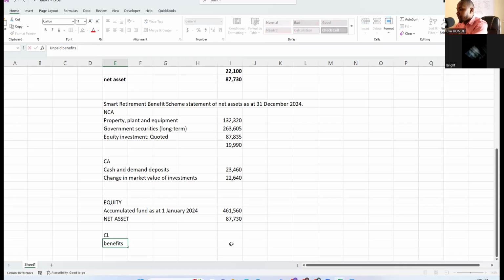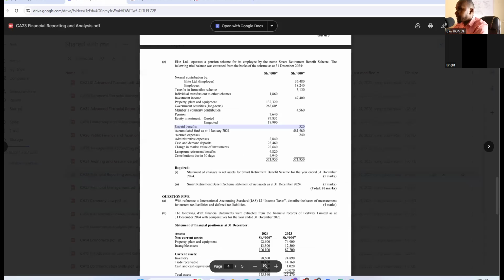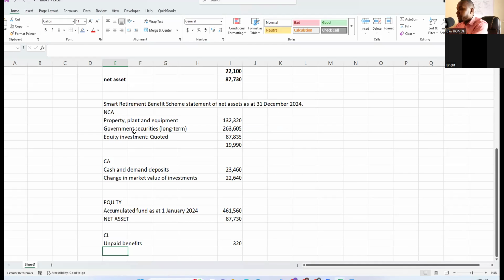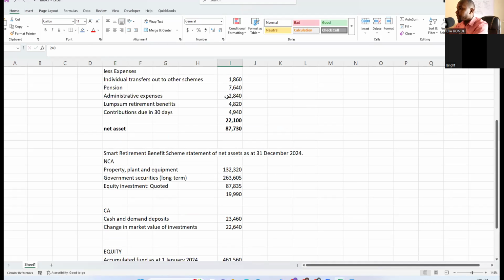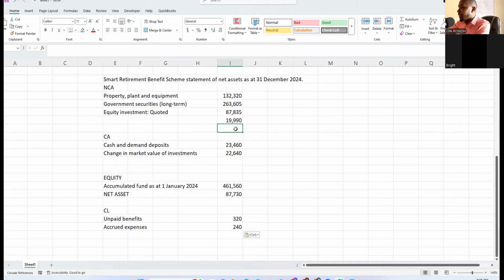And then we have accrued expenses. Accrued expenses also is a liability. It is relating to the other period, but they have not been paid. That's why we have not included it here. It is not relating to the current period. It is relating to the previous financial period. So we will now total the non-current assets, and then we total the current assets.